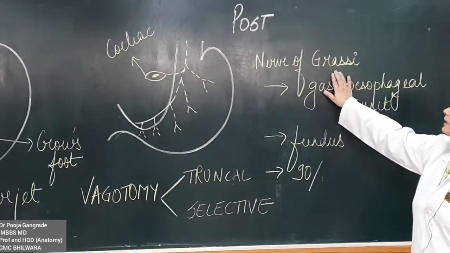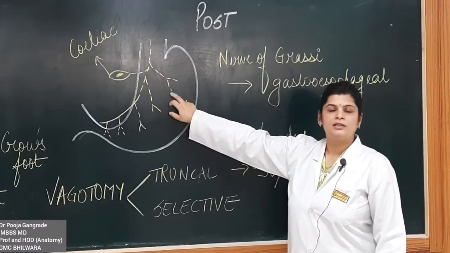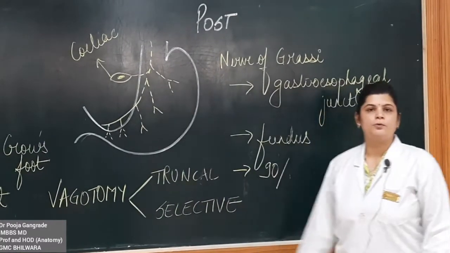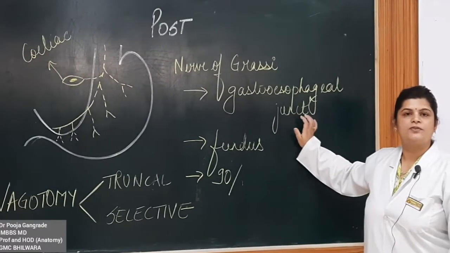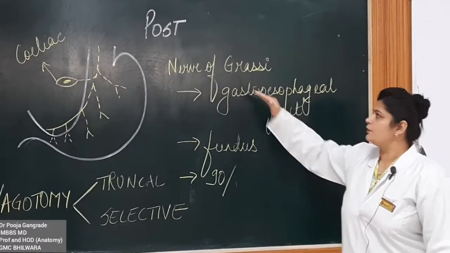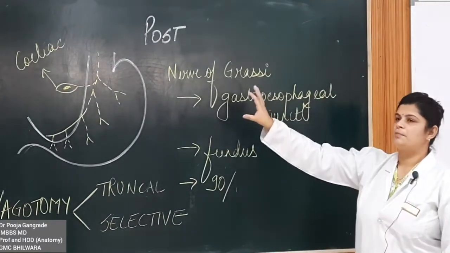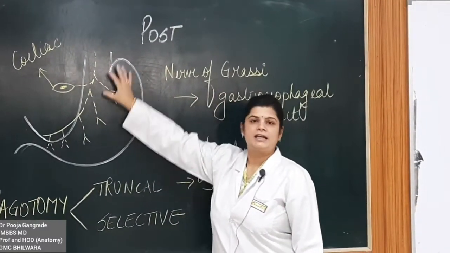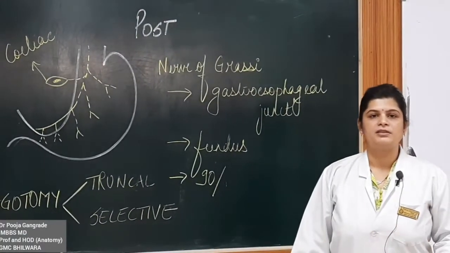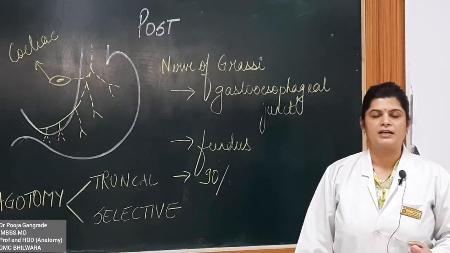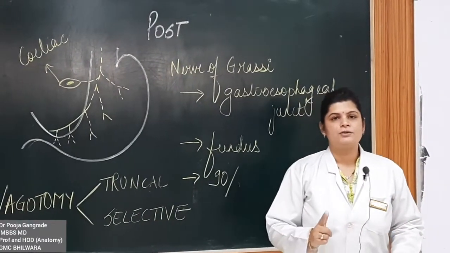Similarly, the nerve of Grassi is the name given to the branch which comes from the posterior vagal trunk. It is given off at the gastroesophageal junction and it supplies the fundic area of the stomach. So two names that you must remember along with the nerve supply of vagus are, number one, nerve of Latarjet. Nerve of Latarjet कौन सी है?